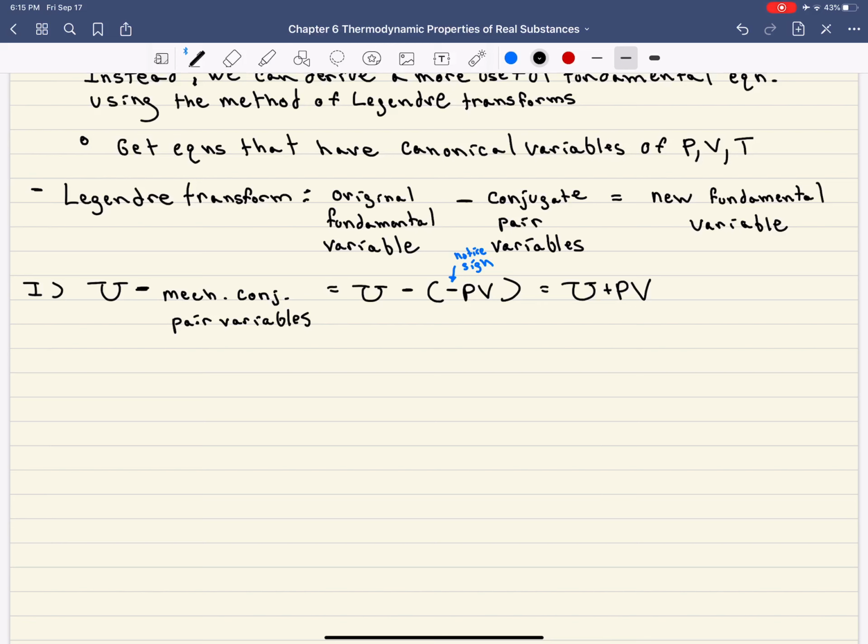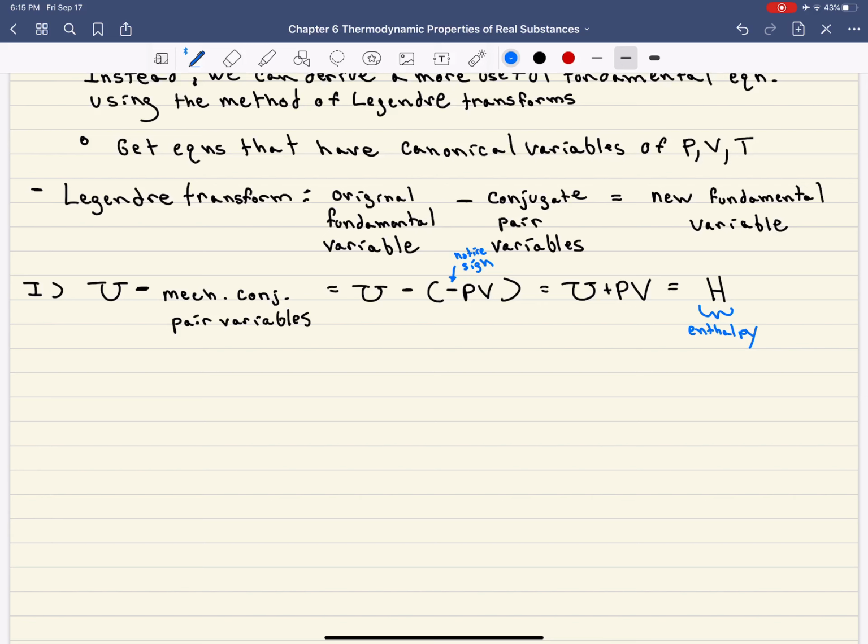Alright, and so this U plus PV is going to give us a new fundamental variable, but it's one that you've seen before, right? Because you should recognize at this point that U plus PV is just enthalpy. Okay? And so this definition of enthalpy is something you've seen before, right?